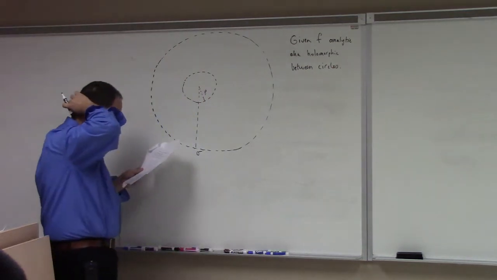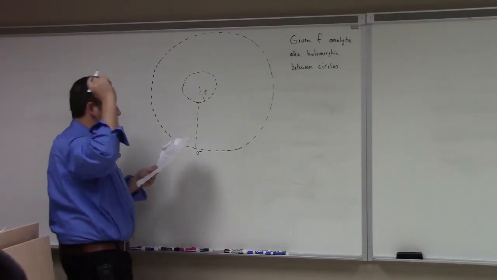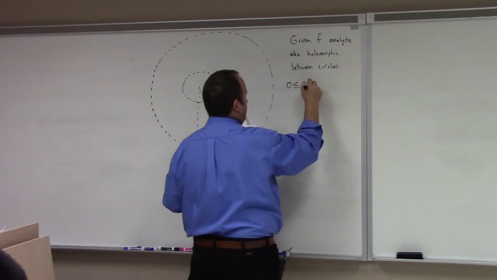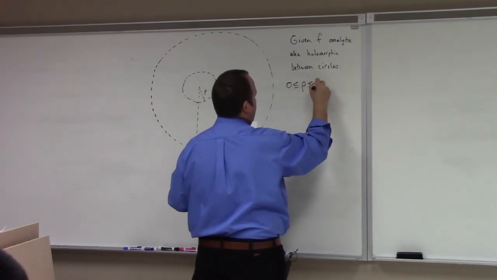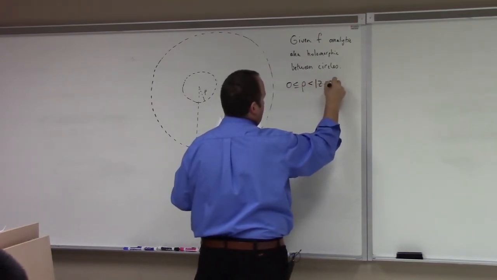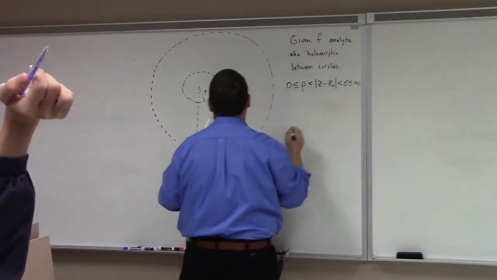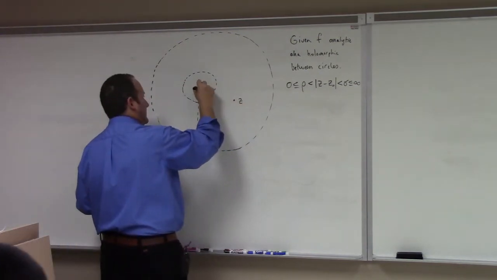And of course, like I just said, 0 is less than or equal to rho, which is less than the modulus of z minus z naught, which is less than sigma, which is less than or equal to infinity. So here's a typical point z, and the center of this is z naught.